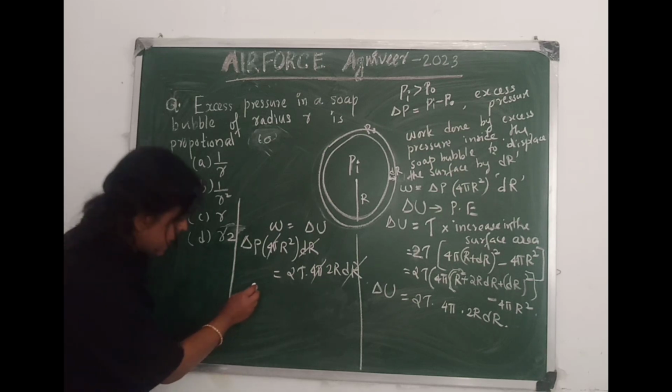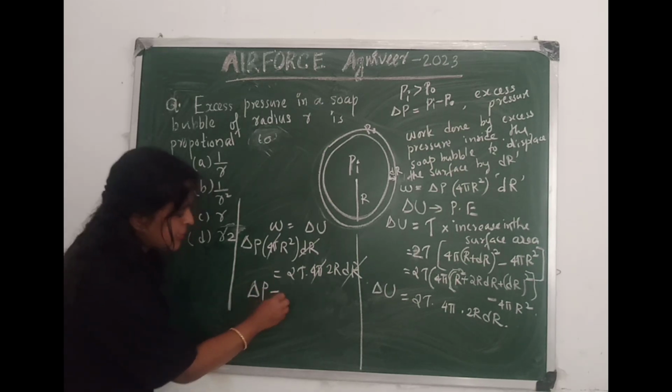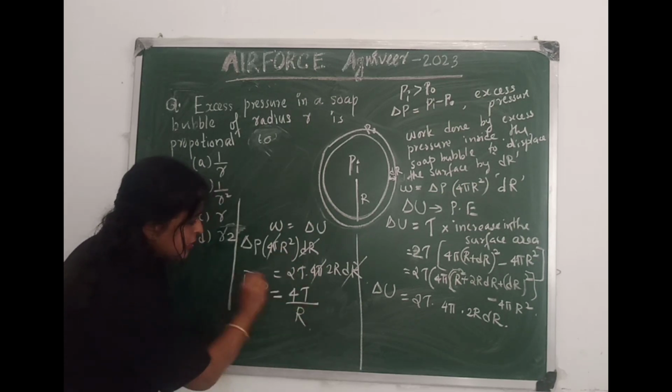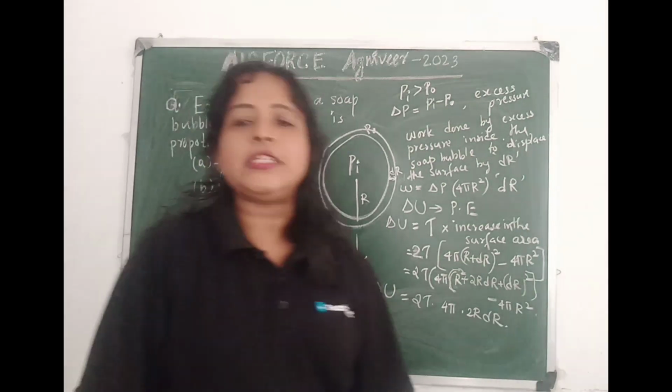Finally we get delta P, the excess pressure, equal to 4T by R.